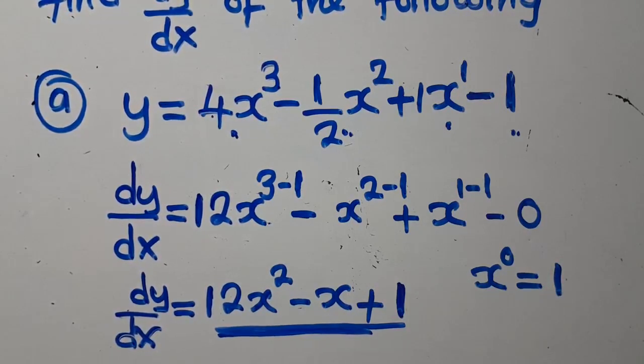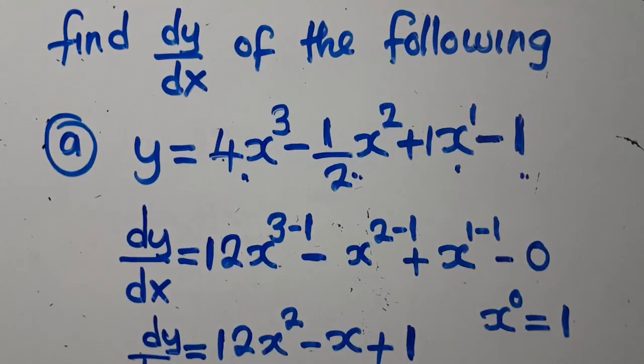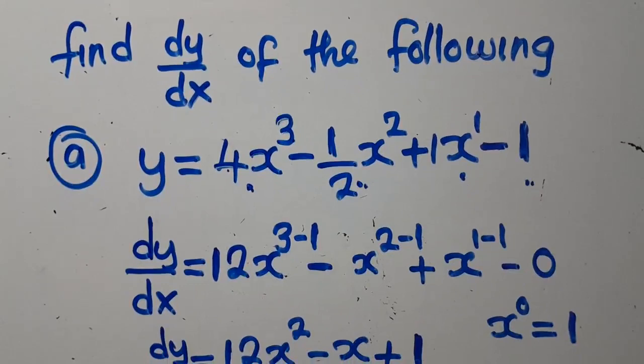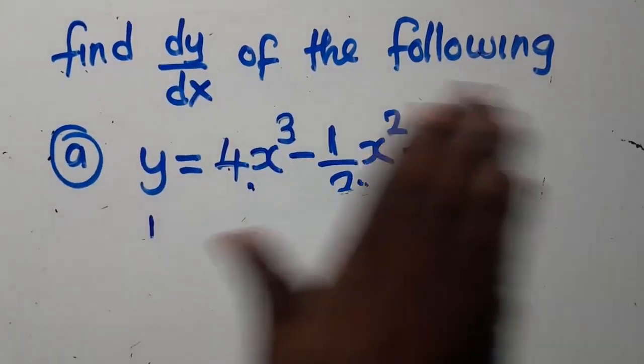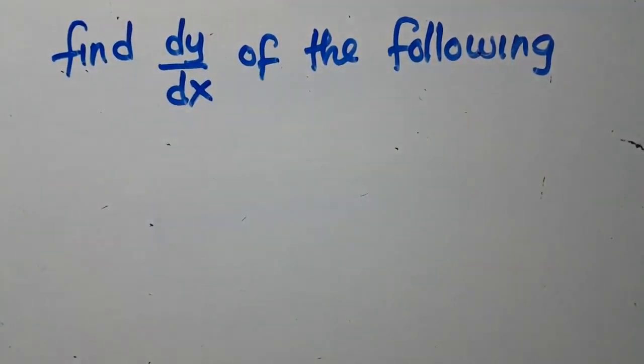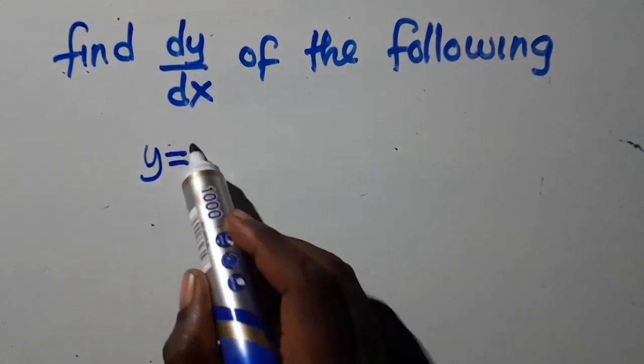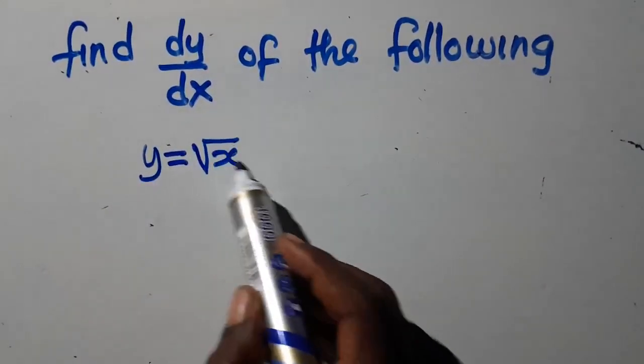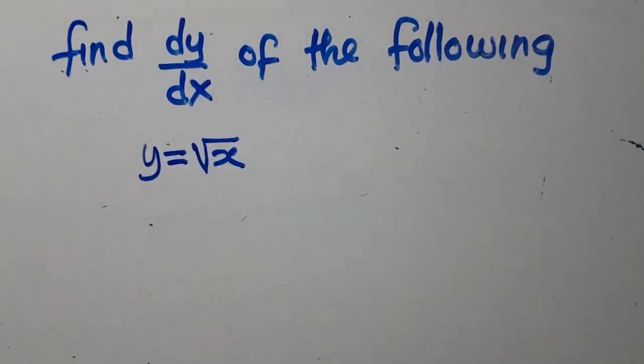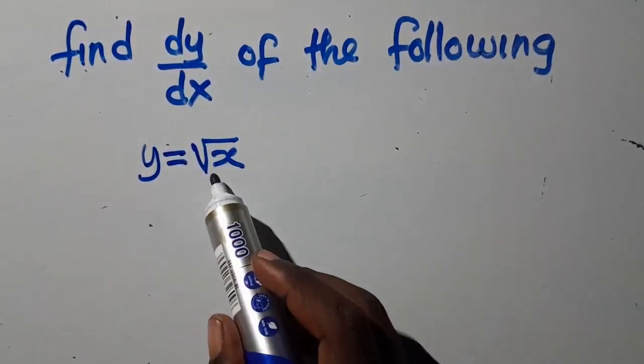So we've answered this part. We now move to the next question. The next question was y is equal to square root of x. So for you to answer this, you need to interpret this.